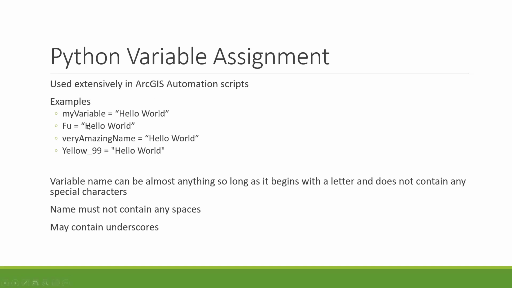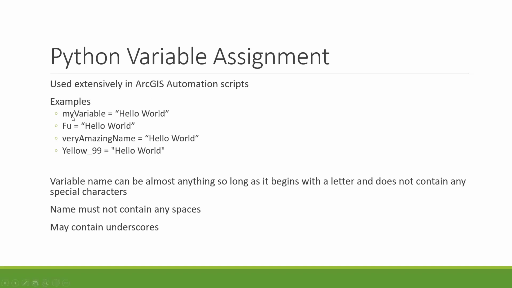The general convention is you have the variable name, an equal sign, and then whatever the value is. Previously we did hello world. We can store that in a variable. And frankly, the variable name really doesn't matter that much. You can call it any number of things, but the name has to meet certain criteria in order for Python not to crash.